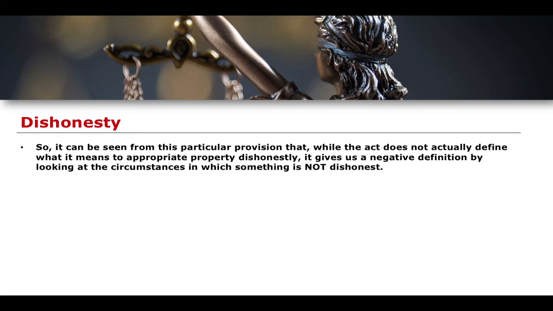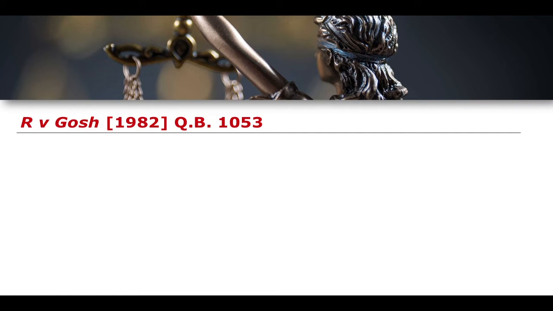So we get a negative definition of the concept of dishonesty, looking at the circumstances in which something is not dishonest rather than the other way round. And so we have to turn to the case law to give us a better indication of where dishonesty can actually be determined by the courts.